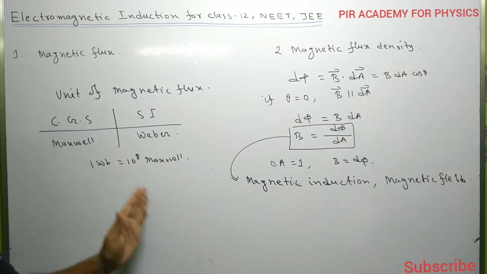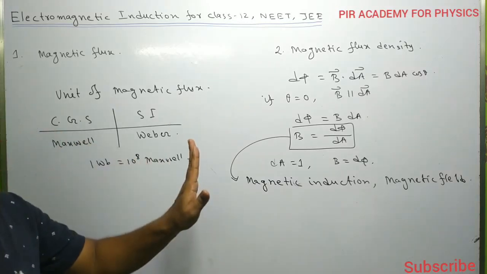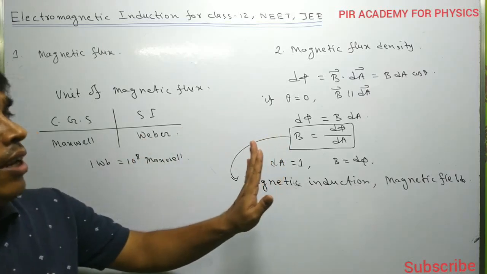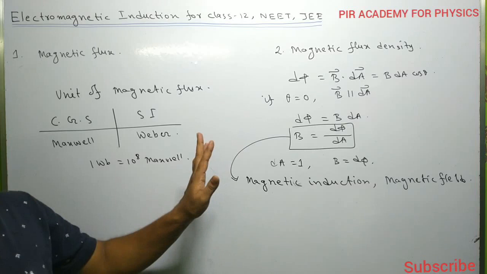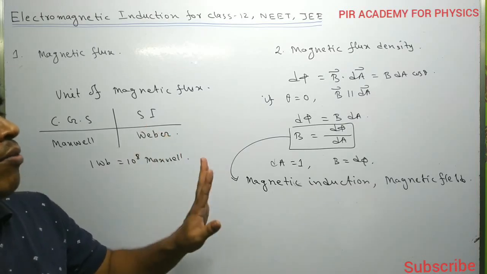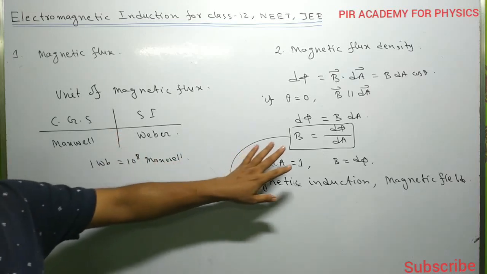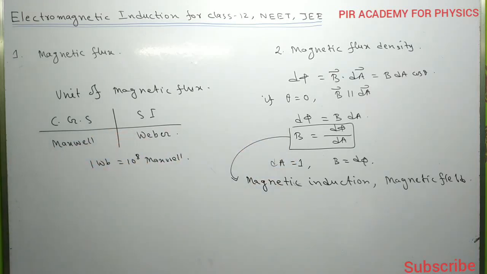That means if I place a unit area normal to the direction of the magnetic field, then the total number of magnetic lines of force crossing the unit area is called the magnetic flux density.